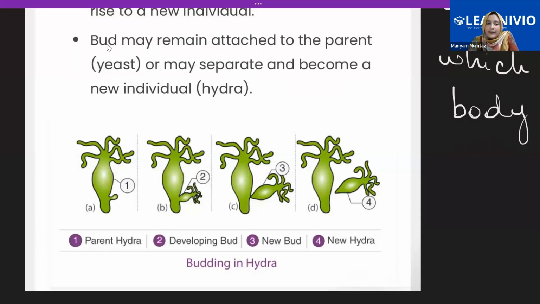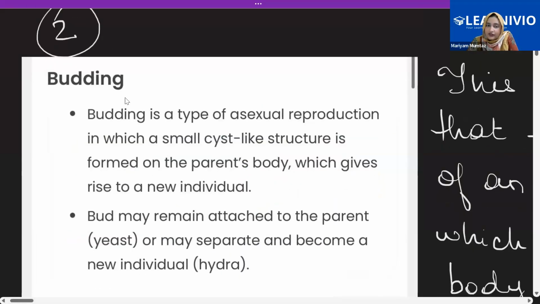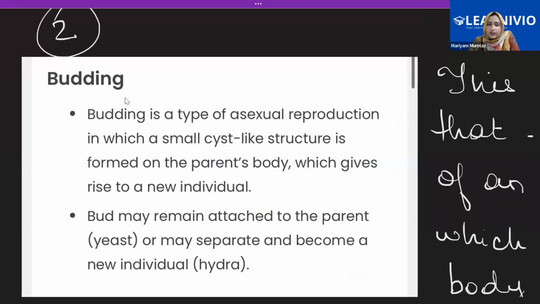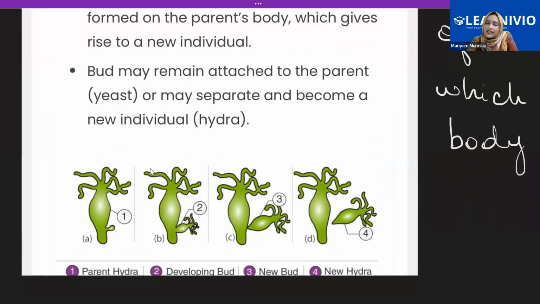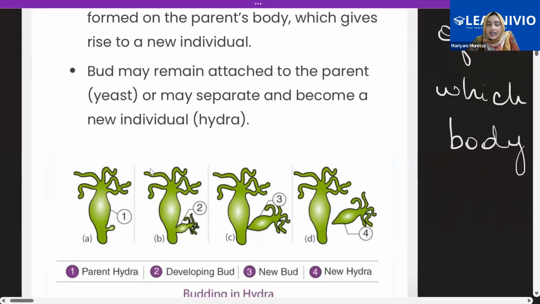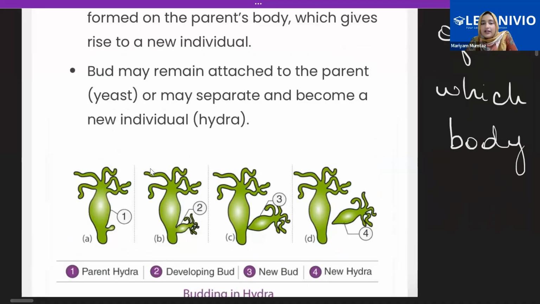Budding is a type of asexual reproduction in which a small cyst-like structure called the bud is formed on the parent's body, which gives rise to the new individual. This bud can either remain attached to the parent forever, such as in the case of yeast, or it may separate and become a new individual, which takes place in the case of hydra. So there are two different ways.